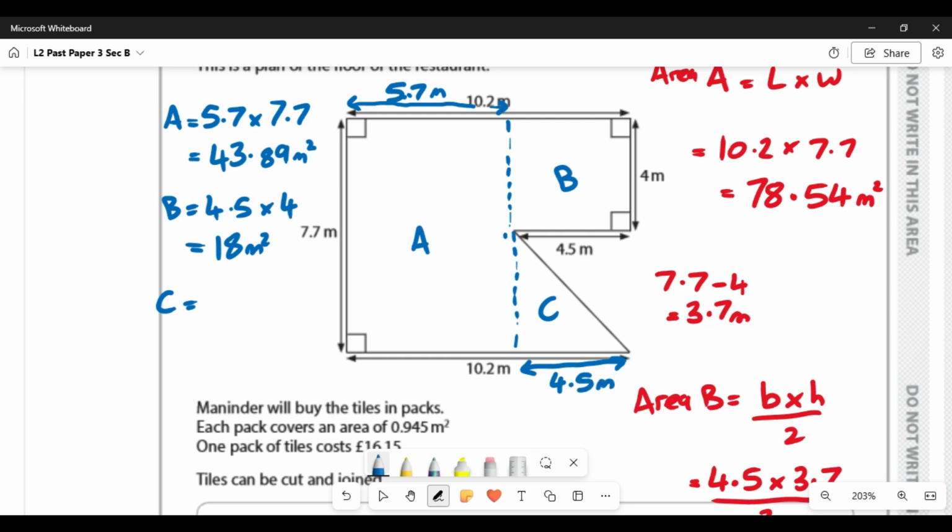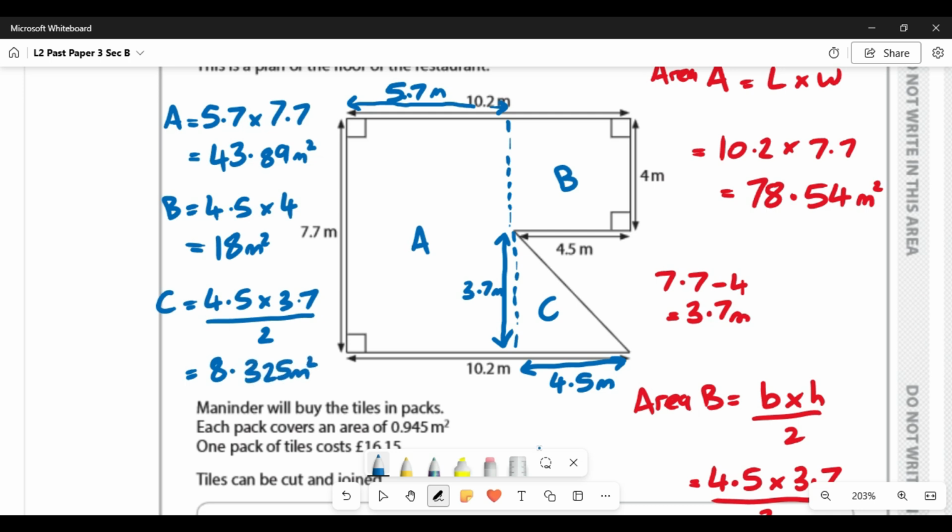And I'm going to need this height here, which you're going to have to work out separately, which is 7.7 take away 4, which we said was 3.7. That goes there. So that's base times height, 4.5 times 3.7, divided by 2, because it's a triangle. Yep, you do get 8.325 meters squared.